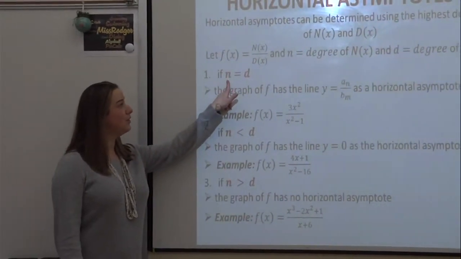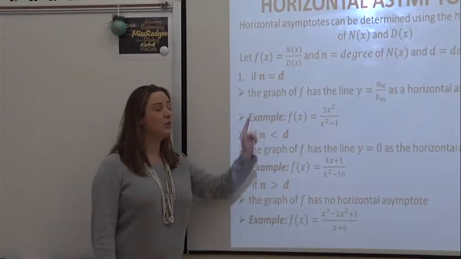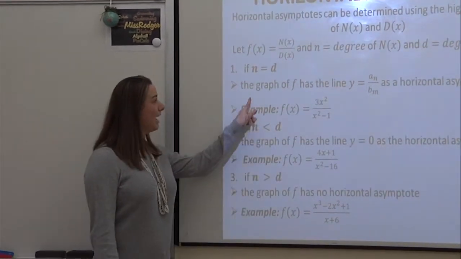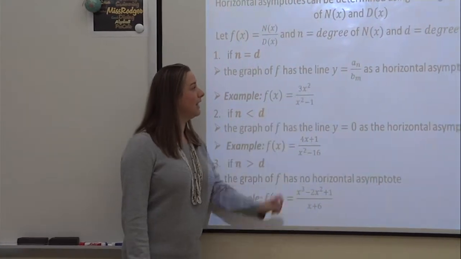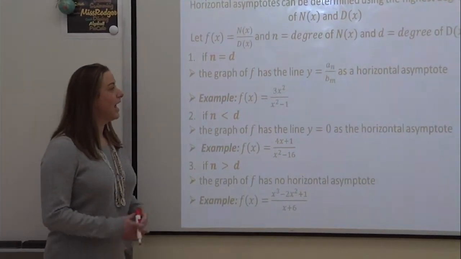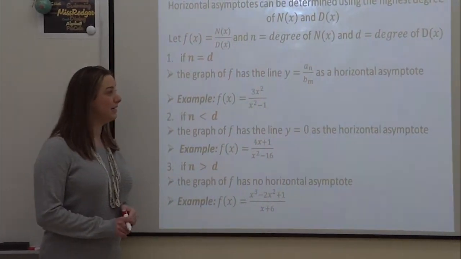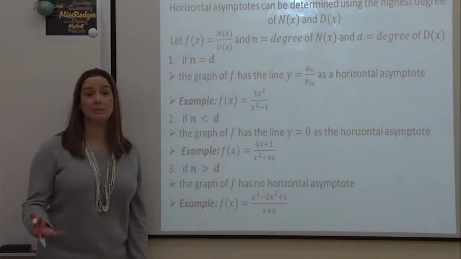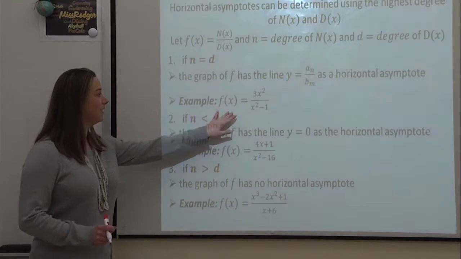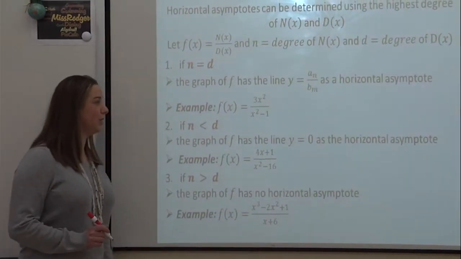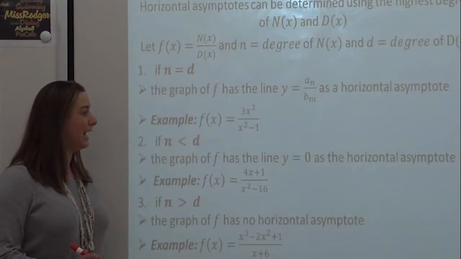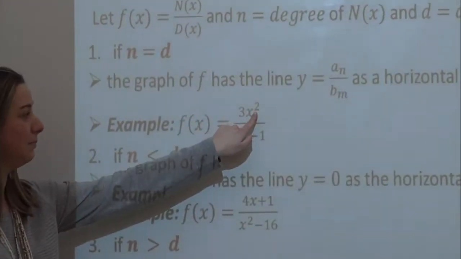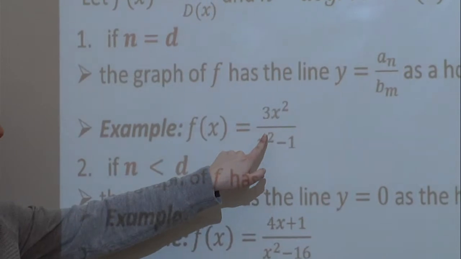If the degree of n of x equals the degree of d of x, what's going to happen? The graph of f will have the line y equals a sub n over b sub m as a horizontal asymptote. So what does that mean exactly? If this is our example, f of x equals 3x squared all over x squared minus 1, our highest power is going to be the same.